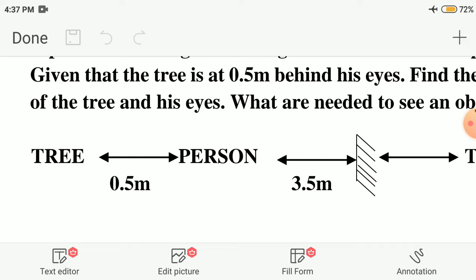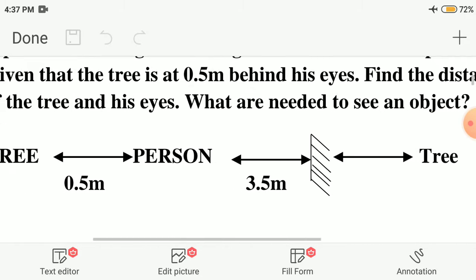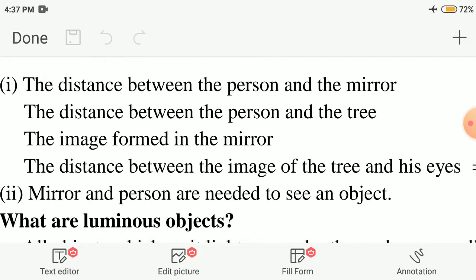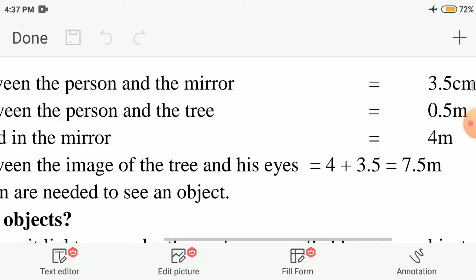Here tree and person 0.5 meter. Person and mirror 3.5 meter. The distance between the person and the mirror, the distance between the person and the tree, and the image formed in the mirror. The distance between the image of the tree and his eyes is equal to how much?